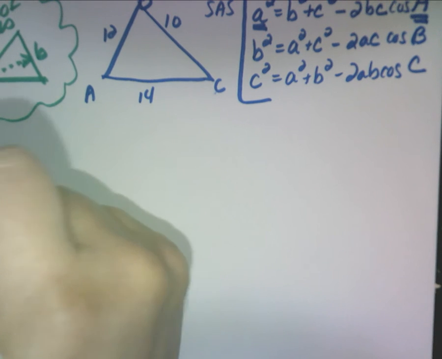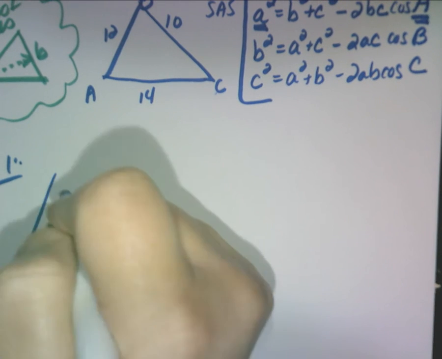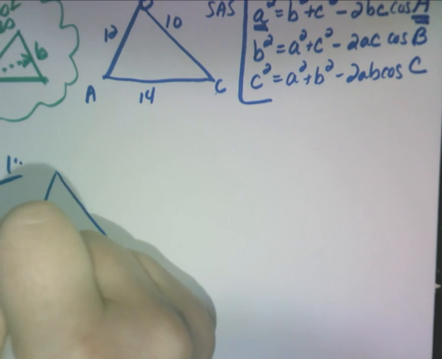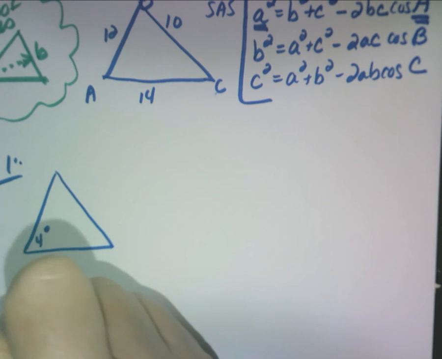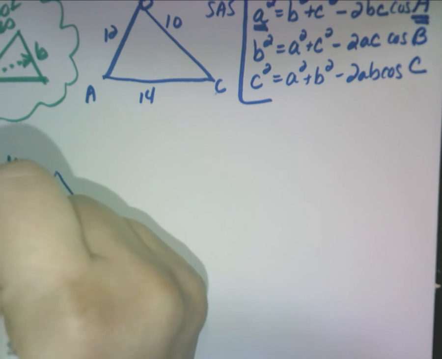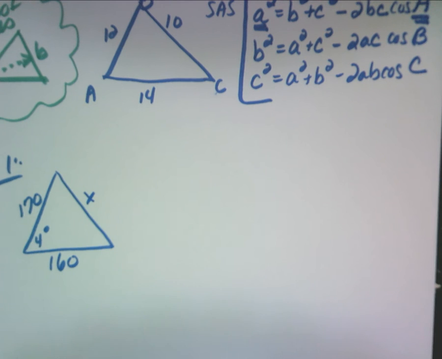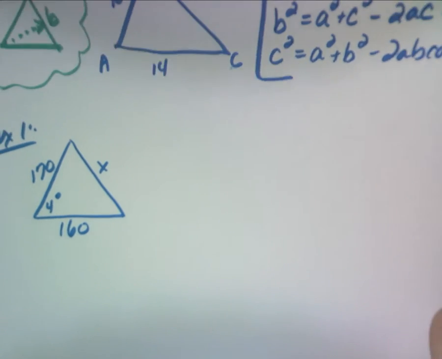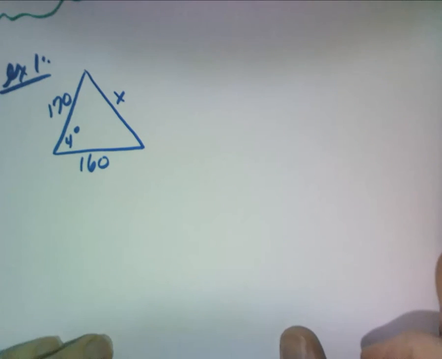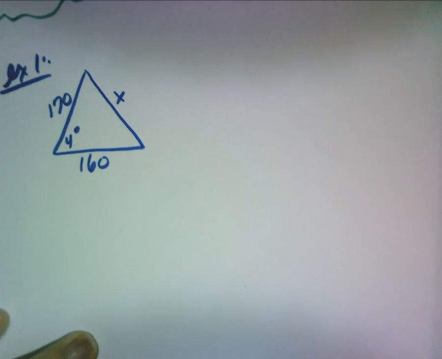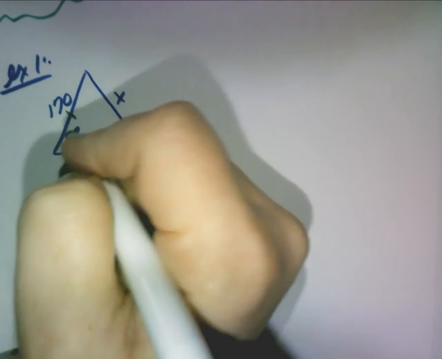Very easy today. So here's a triangle. I'm going to put 4 here. This is not drawn to scale. I want you to find X. If I'm looking at this triangle, I'm given a side, an angle in between, and another side.